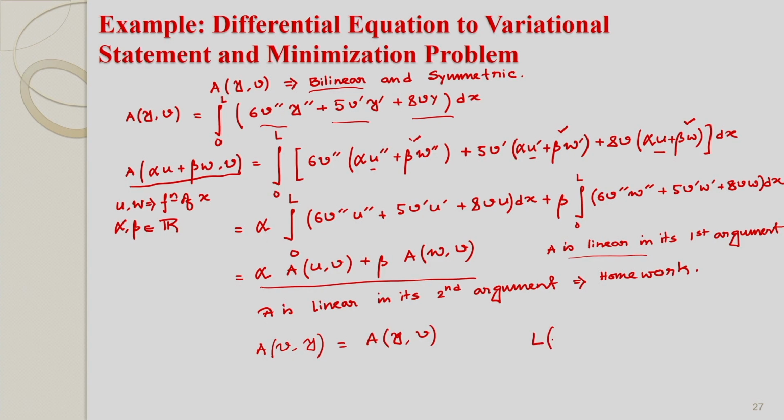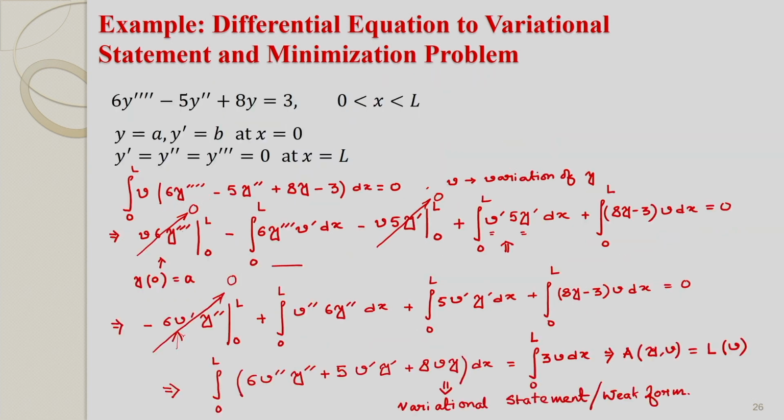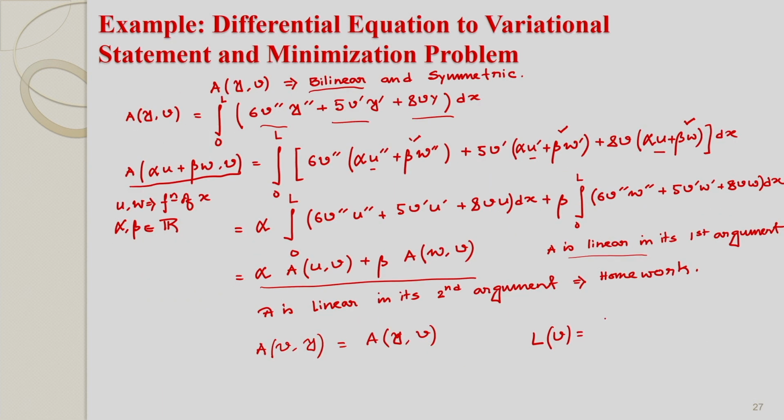Now, if you see your L v, that is integral 0 to L of 3 v dx, it can be proved in the same way as here that L v is linear. So, all the conditions to have a minimization problem are satisfied.